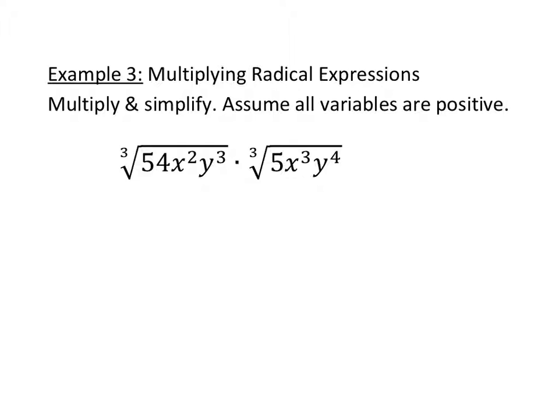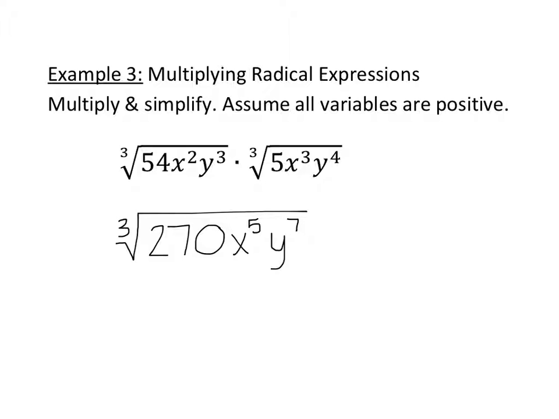Do you want to combine them first? 54 times 5 is 270. What about when we multiply x squared and x cubed? X to the 5th. They each have a base, so just add the exponents. Then what do you get for your y? Y to the 7th.